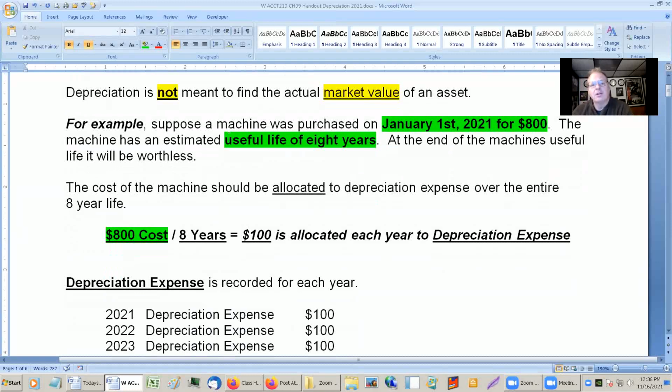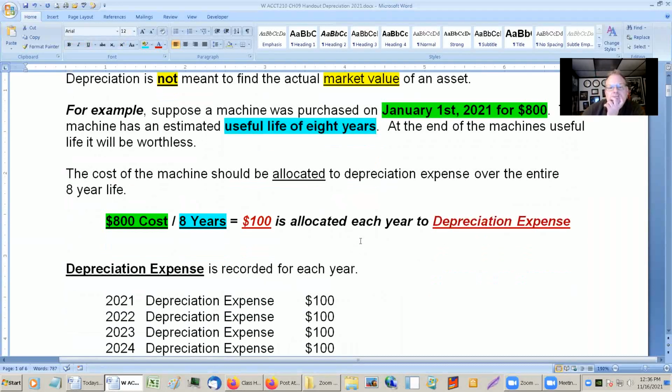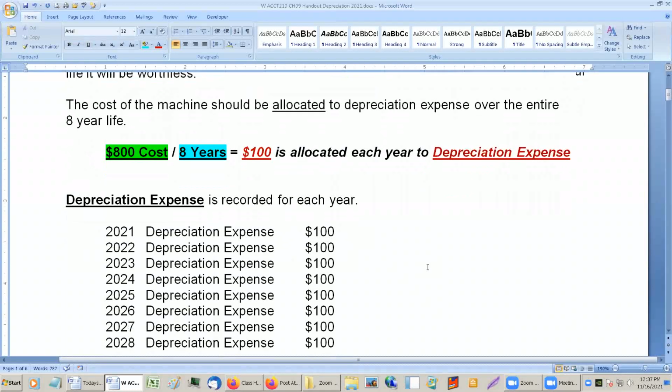8. Let me color code these a little bit better. So $100 should be allocated to each year to depreciation expense. Okay, not too hard.